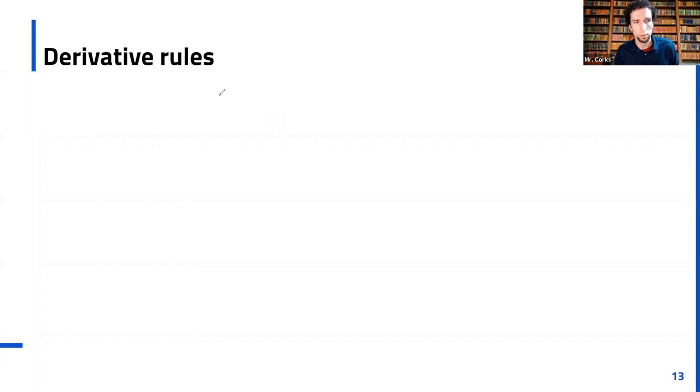Can you tell me the names of the rules? Constant rule, sum rule, and power rule. Okay, constant, sum, and power. All right, let's start with the constant rule.